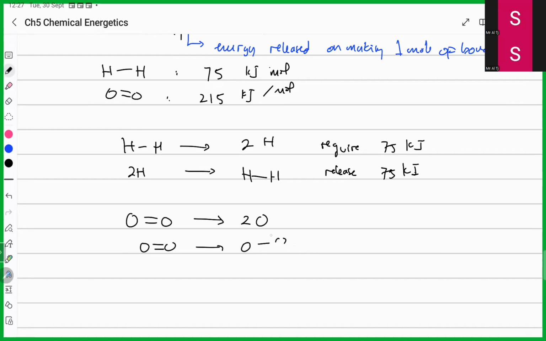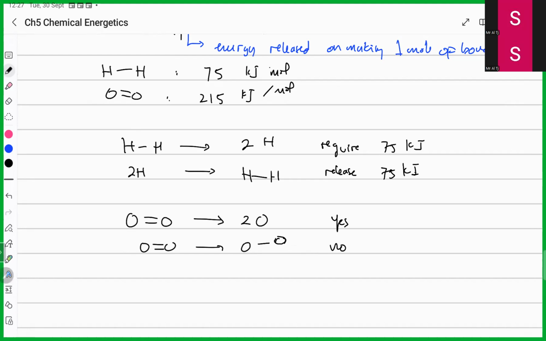Nope, doesn't work that way. They go directly into individual atoms. Hence, breaking 1 mole of double bond oxygen is not the same as breaking 2 single bonds of oxygen.